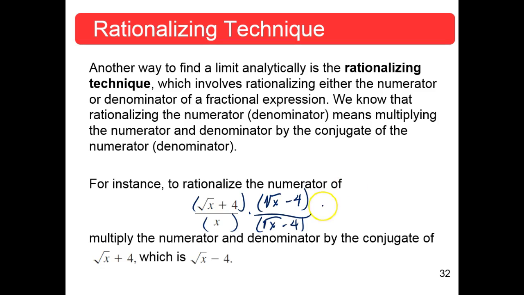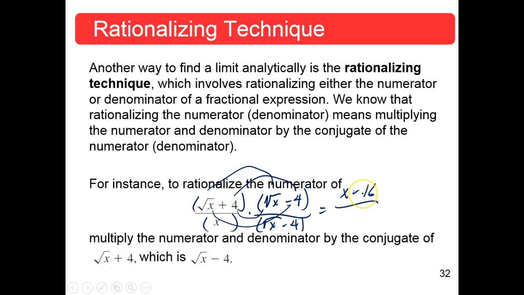Okay? So what does the numerator become? What's square root of x times square root of x? X. Okay? And then your cross terms, the outer is minus 4 root x. The inner is plus 4 root x. What does that add to? 0. Okay? And then your last terms are negative 16.